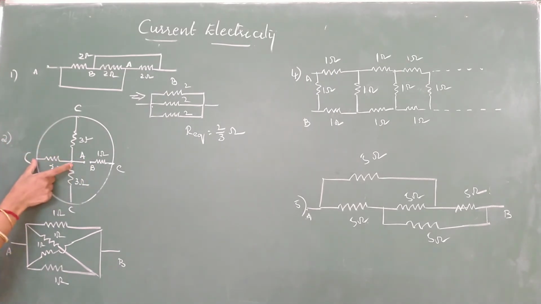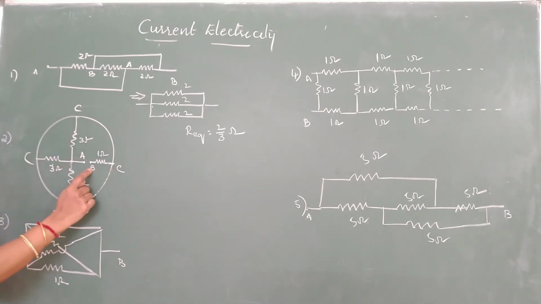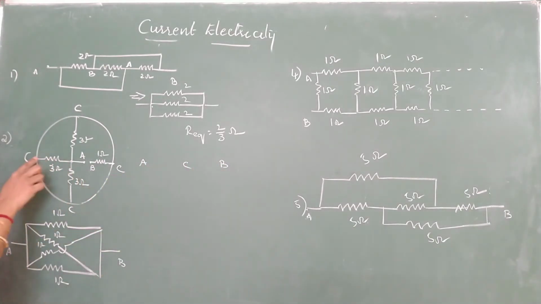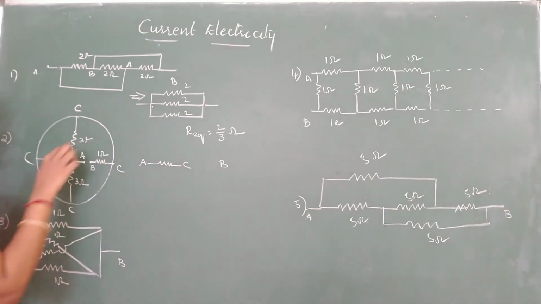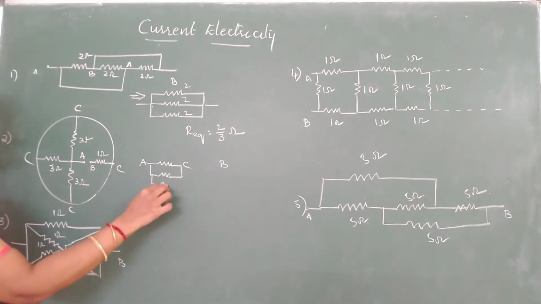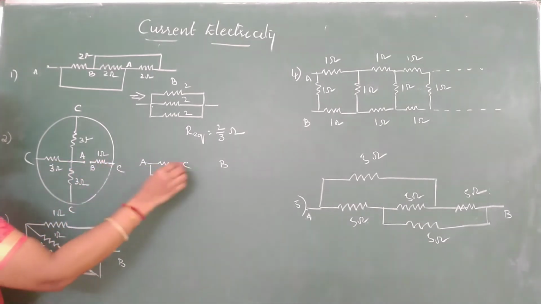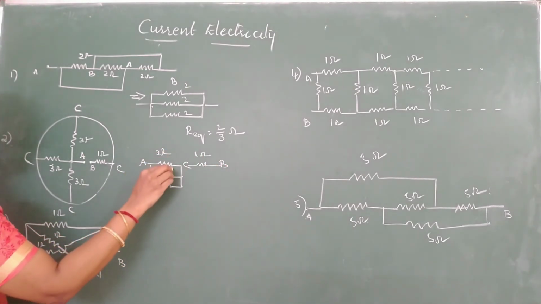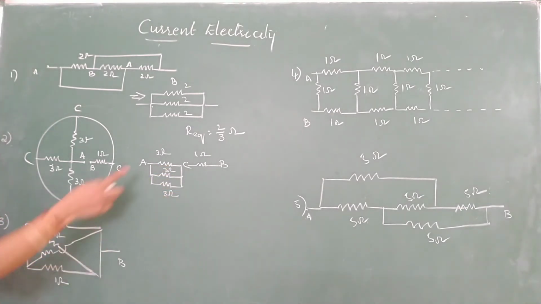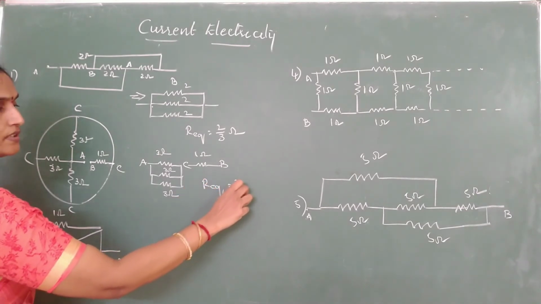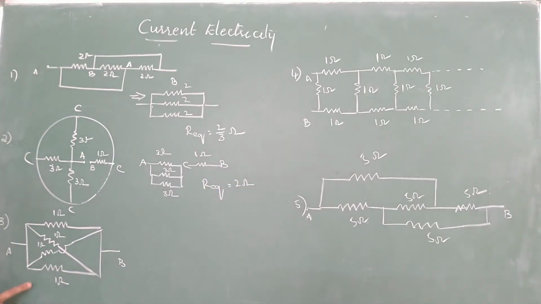Between A and C. But this resistor is between B and C. Redraw the circuit: A, C and B. The first resistor is between A and C, this is also between A and C, and A and C. Then between B and C, 1 ohm. 3, 3 and 3, all in parallel, become 1, plus 1. What should your answer be? 2 ohms.